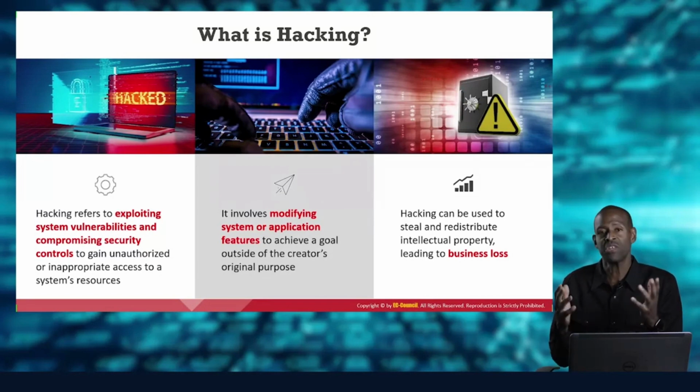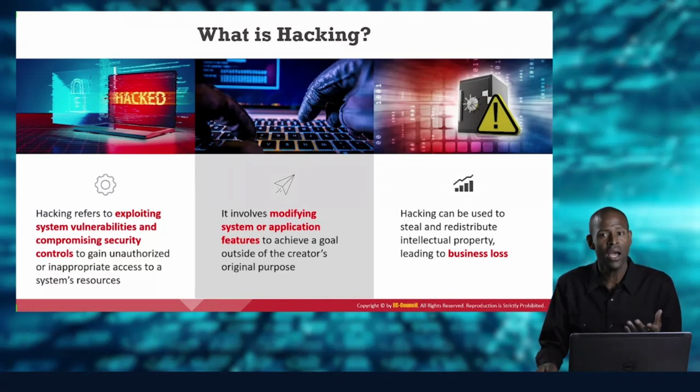Why? Because we've taken that complex system and used it in a way that it wasn't intended to be used. So what happens is a hacker will modify the system, modify the application in order to achieve their goals. And it can steal, redistribute intellectual property, lead to business loss. So hacking can do all of that stuff.